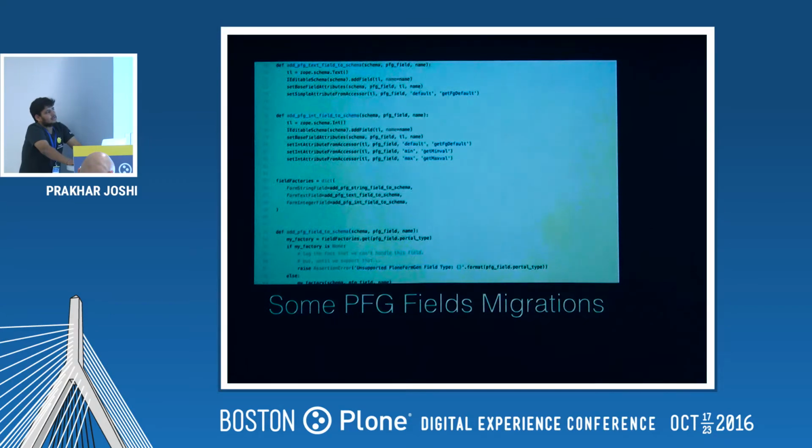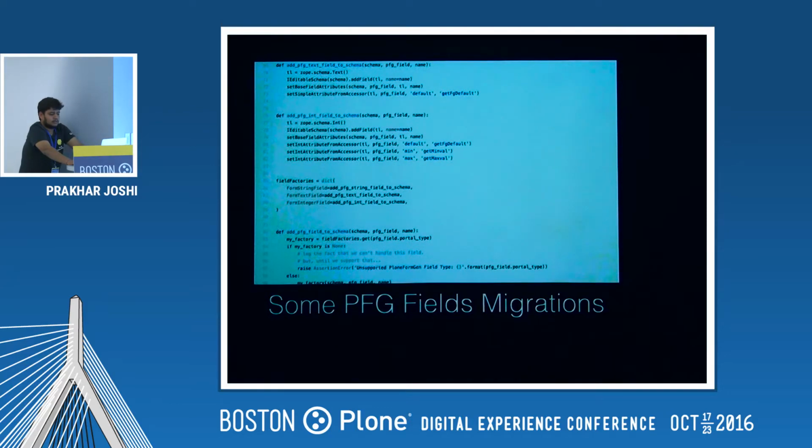So this is a snapshot of the migration we have started writing for fields. We have started migrating init fields from Archetypes to Dexterity, like the normal string field and the text field. This is the first sort of migration we started working on.